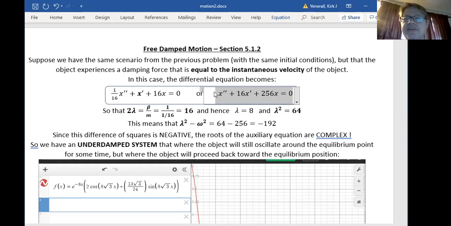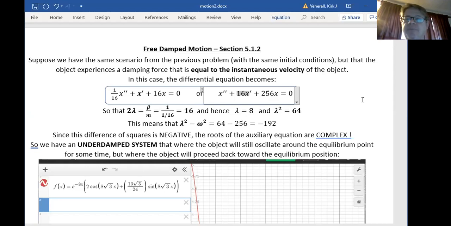Now notice in this case that, once I've got an initial coefficient of 1 for x double prime, the coefficient of x prime, which is now b divided by m, well, b was 1, m was 1/16, so b divided by m is 1 divided by 1/16, or 16.